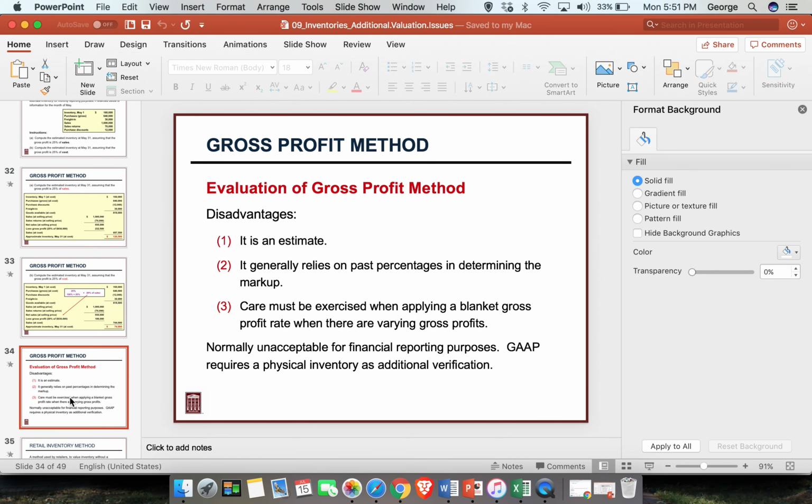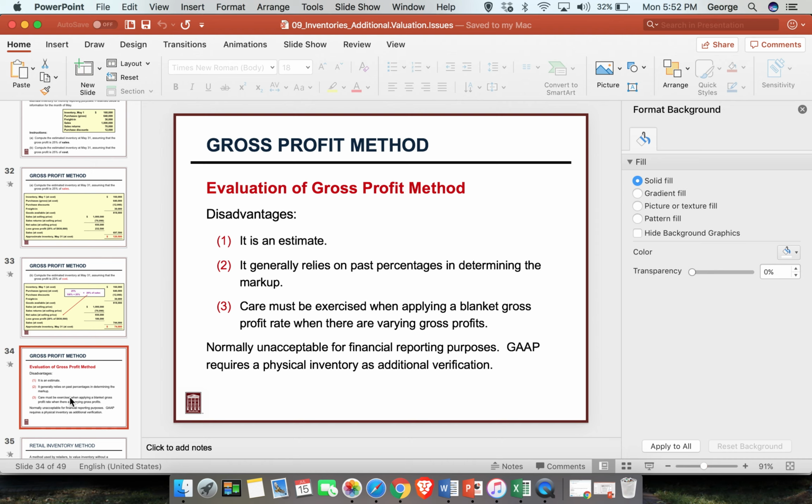All right, so evaluation of the gross profit method. Obviously, it's an estimate. That percentage is an estimate, and it's based on forecasts and subjective measures. It can rely sometimes on past percentages in determining the markup. That's not always true, but a lot of times we look at current information, what current organizations are doing. But a lot of times it also relies on past percentages.